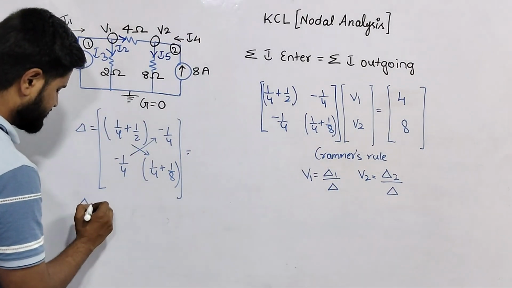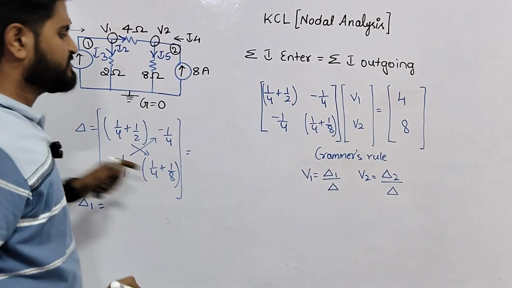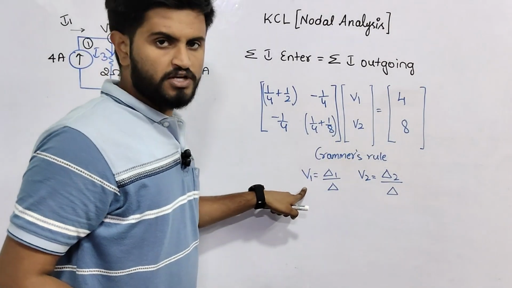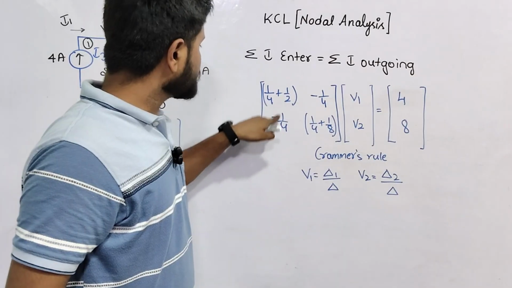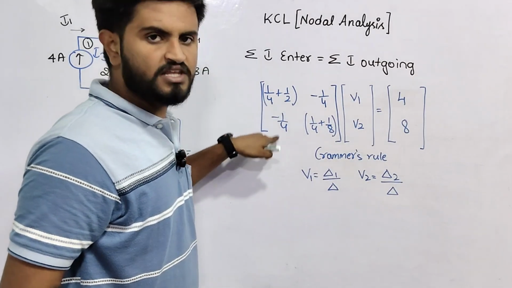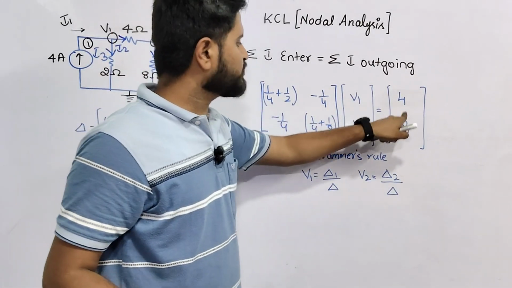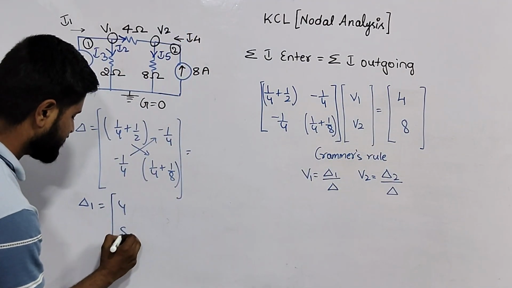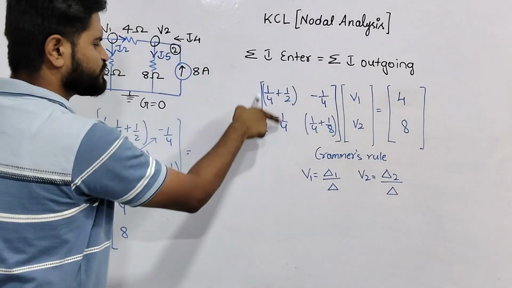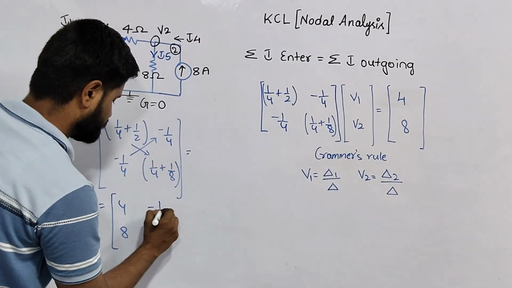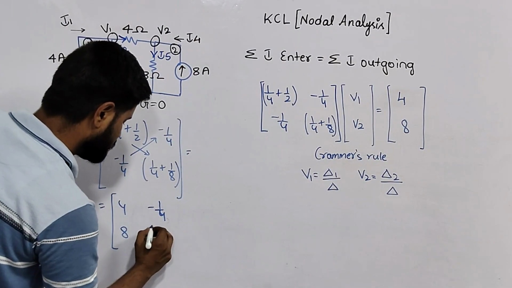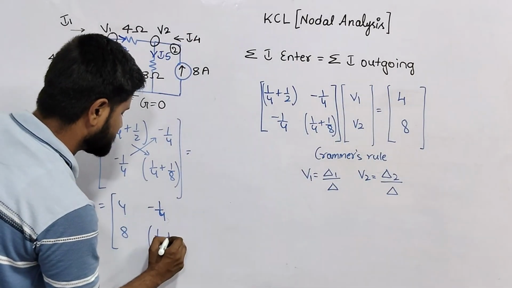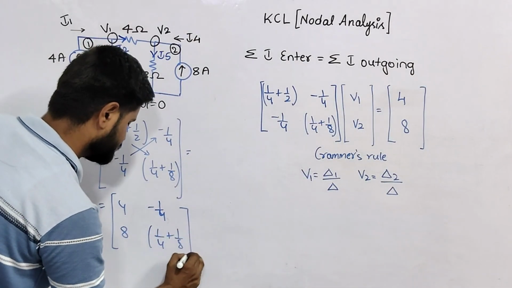Now how to find delta 1? For V1 you are finding, no? So in the place of V1, you will just replace the constant values. That is, 4 and 8 will come here in the V1's places and others will be the same: minus 1 by 4, 1 by 4 plus 1 by 8.